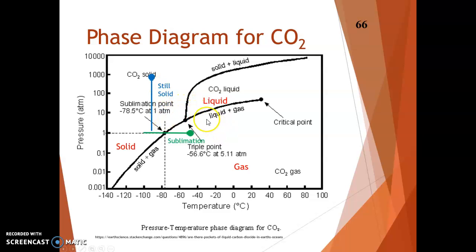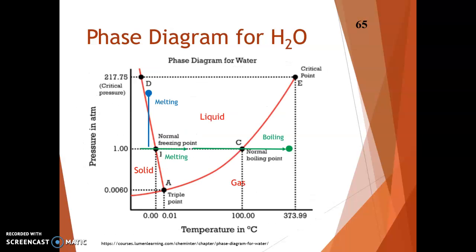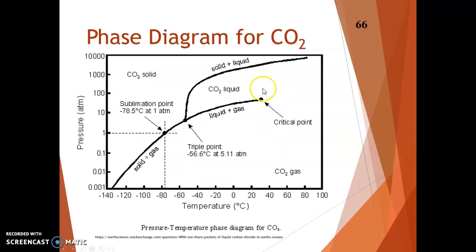All right, so something that you'll notice here in the difference between these phase diagrams is that if there's a negative slope to the line between solid and liquid, that means that the liquid is more dense than the solid. And if there is a positive slope between the interface between solid and liquid, then the solid is more dense than the liquid.